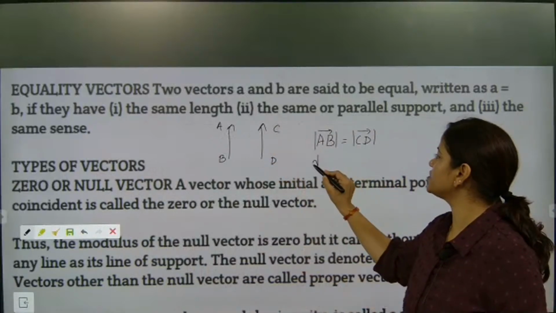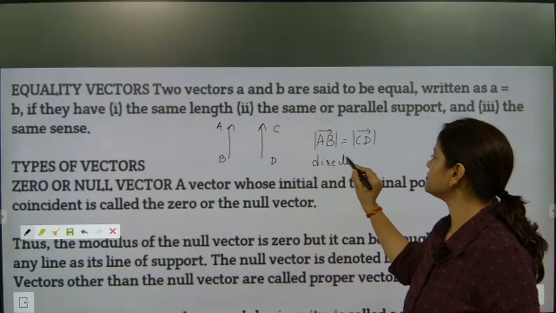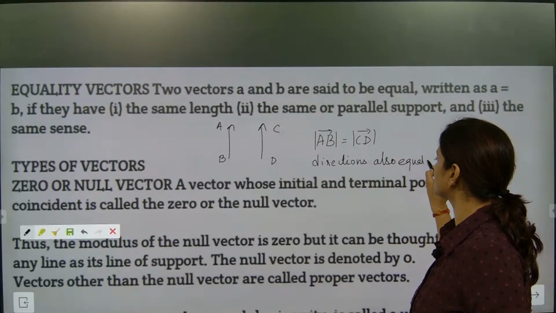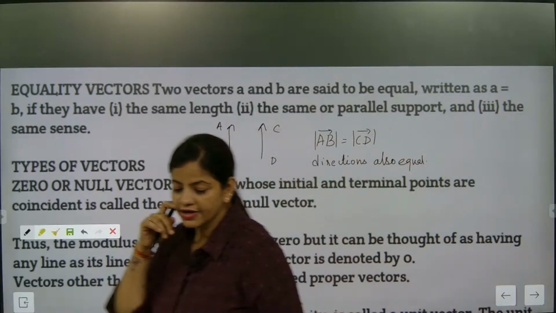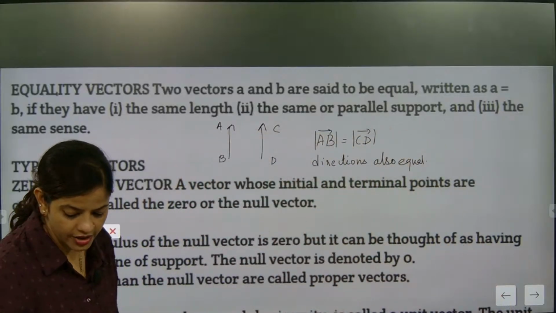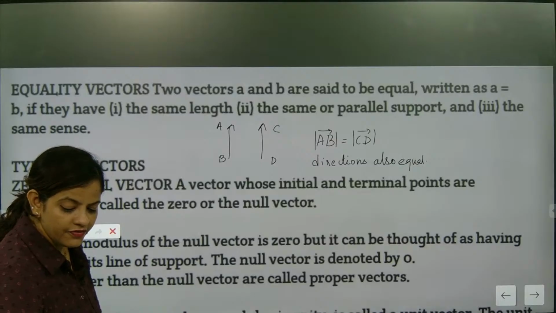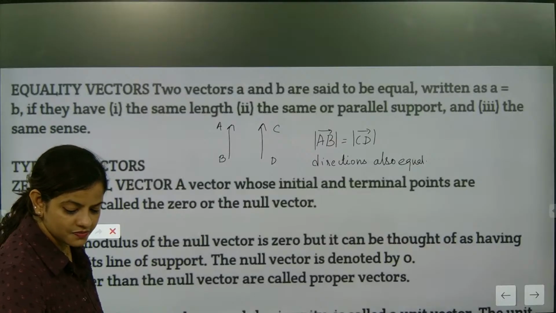And direction also is equal. So when magnitude and direction are both equal, they will be considered equal vectors.